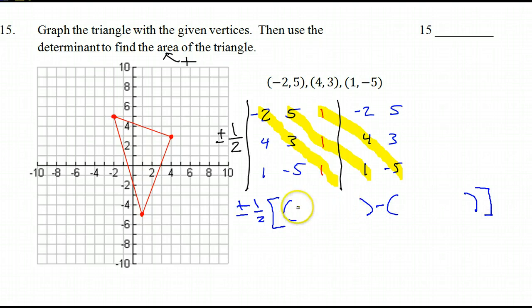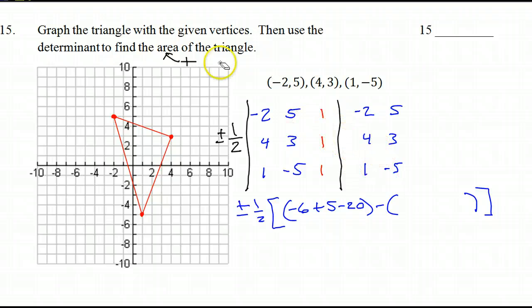The down diagonals are negative 6, 5, and negative 20. Okay. The up diagonals are these.